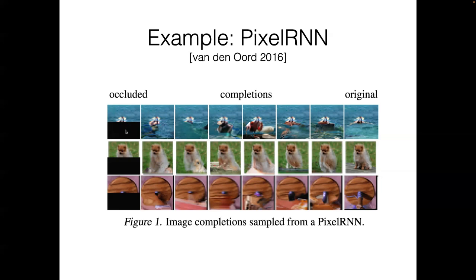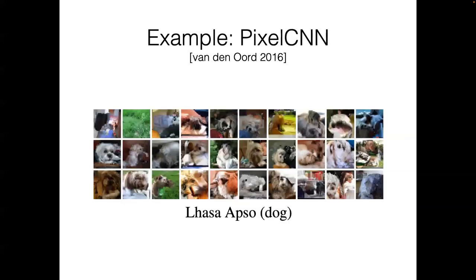I forgot the size, maybe 32 by 32, or maybe even smaller. Then the method was developed further, and the same first author, the same group, used convolutional neural networks instead of the RNNs, and maybe the quality improved a bit.